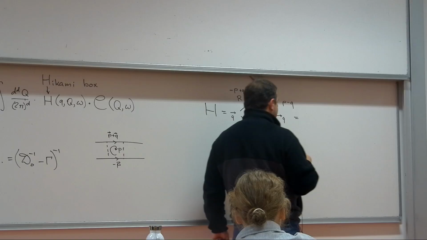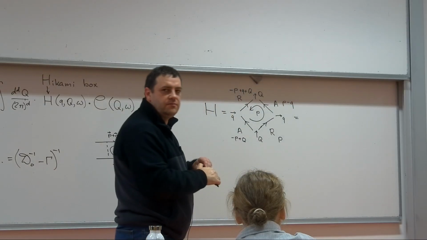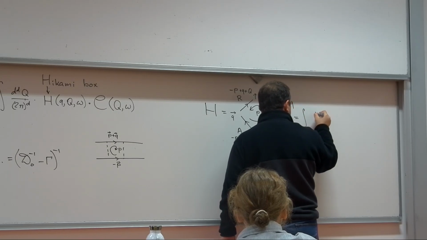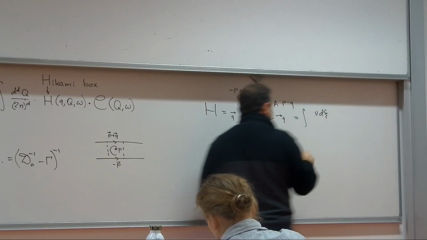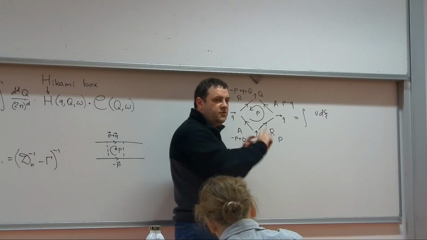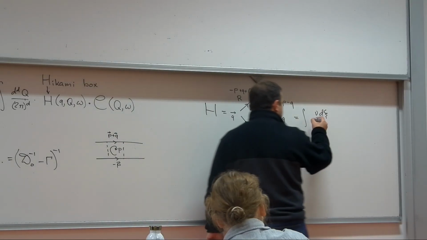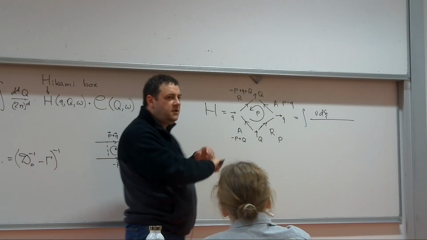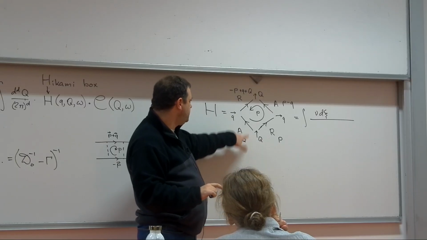So what is this? Let's compute it. It's easy, right? We have an integral, nu d xi. Xi corresponds to the momentum p, the one that circulates here. And then we have four Green functions. And just for simplicity, I will neglect capital Q and small q.